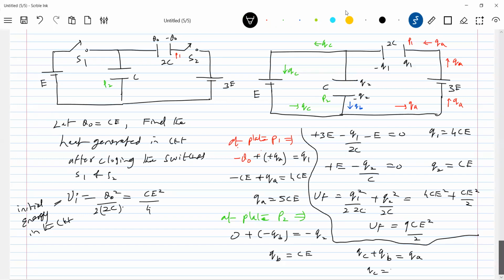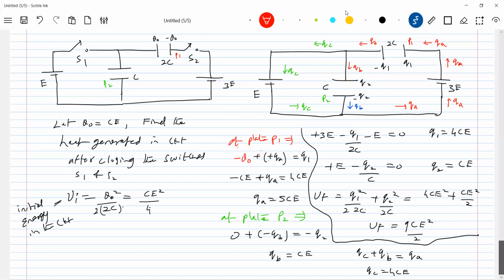So QC should be equal to 4CE. Now we have all the information. So what about here? You can bring the same idea, that QA charge will come, and QB will be like this.